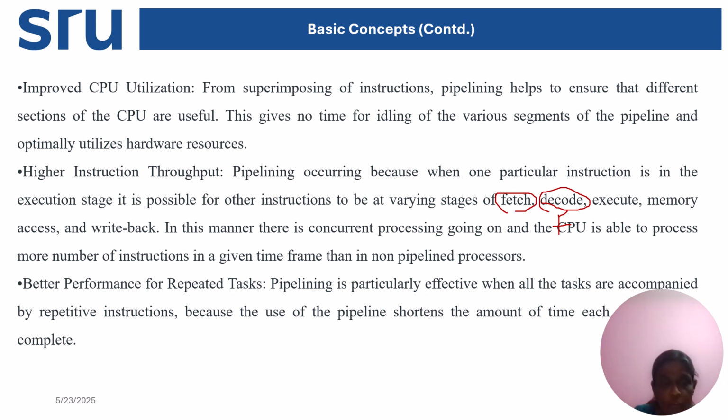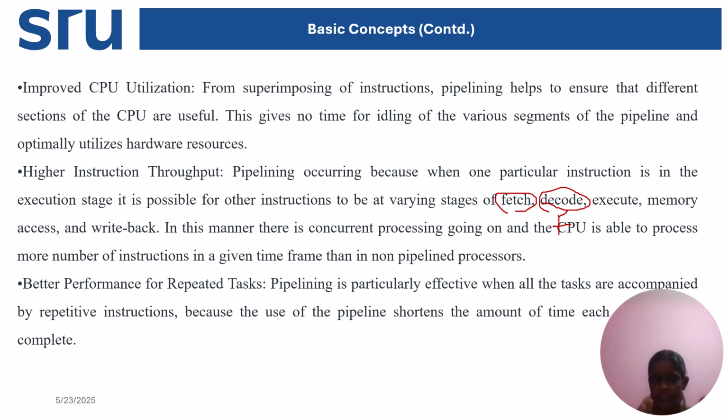Better performance for repeated tasks. Pipelining is particularly effective when tasks involve repetitive instructions, such as looping operations. So when the same instruction is executed multiple times, it is very useful.